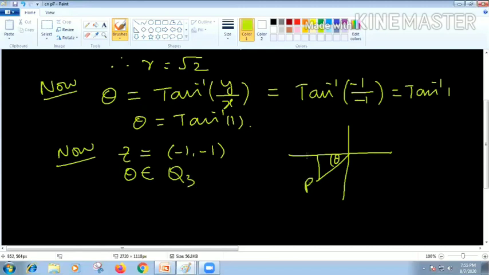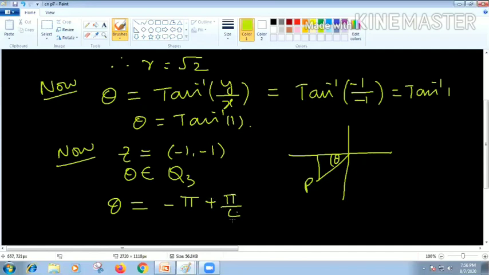So the angle should be between minus 180 and minus 90. Tan 45 degrees, pi by 4, is 1, but 45 degrees is in the first quadrant. We have to find the angle such that it belongs to the third quadrant. And remember that the angle should be minus 180 plus 45.